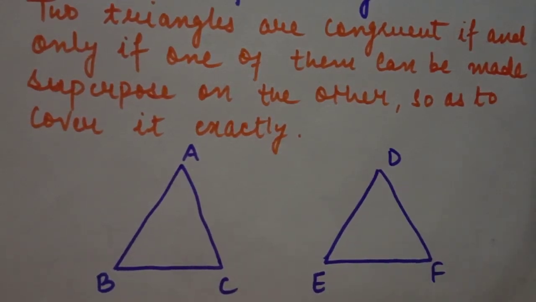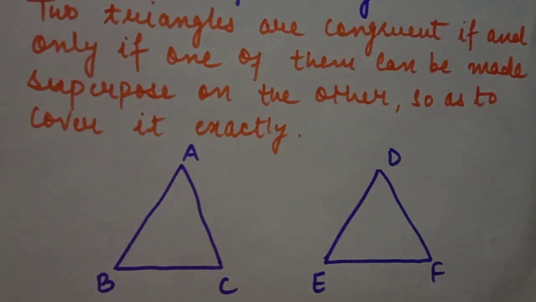If all these three vertices A, B, C exactly cover the vertices D, E, F, then they are superposed on each other and cover each other exactly. It means they are congruent to each other.